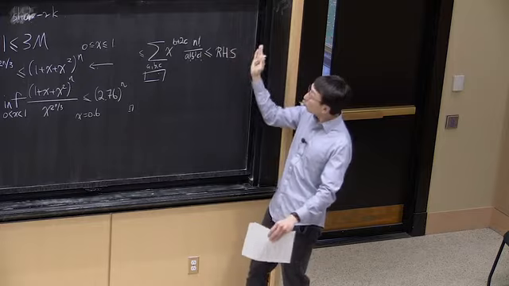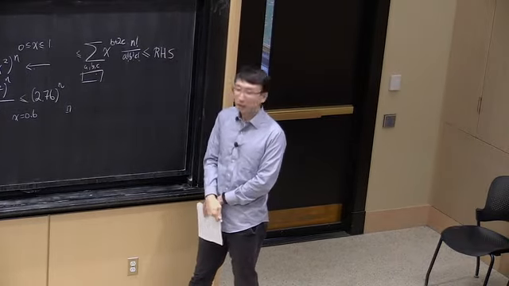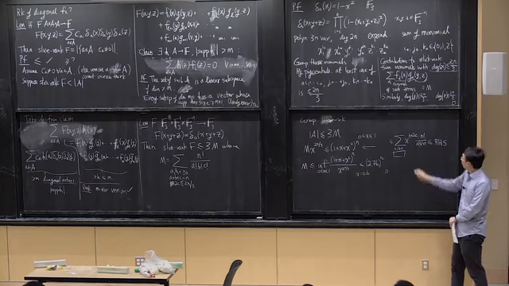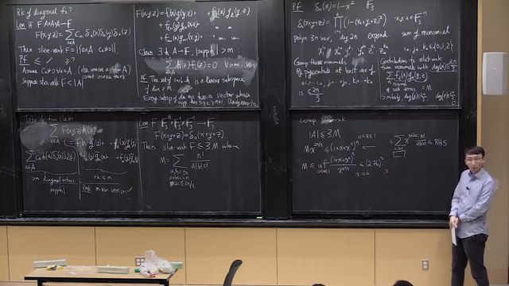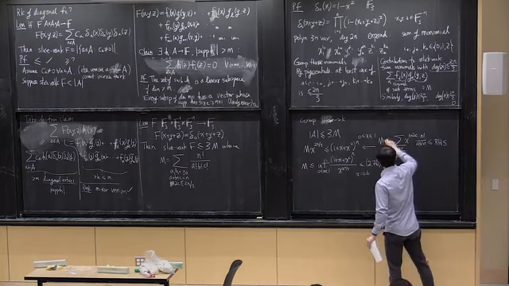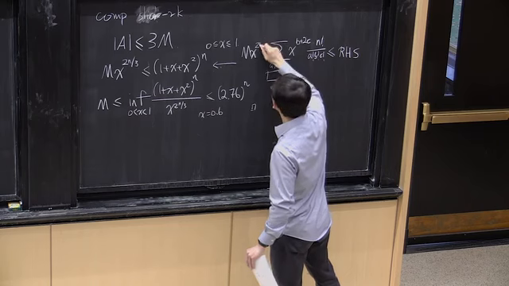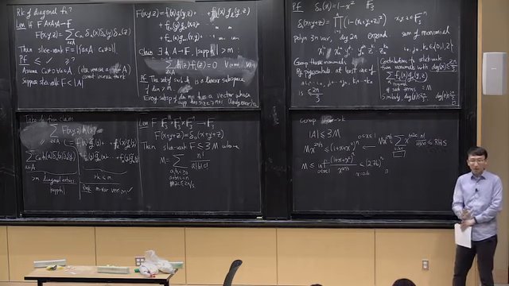So basically, I'm doing the multinomial expansion, except I toss out everything which is not part of the index. And because b plus 2c is at most 2n over 3, I get m times x to the 2n over 3. Is that okay?